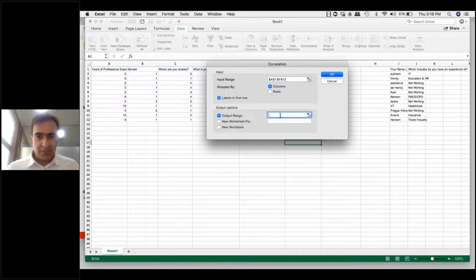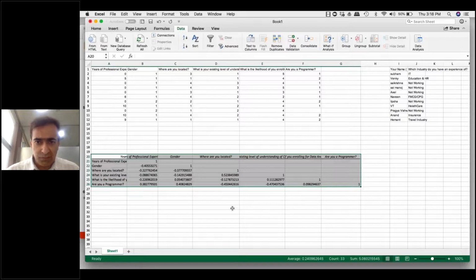So what we have done is we have taken all the data, worked on the data, changed it, reformatted it so that we can use it in a particular analytics tool. And now we have come up with a correlation matrix which is available in front of us. So those of you who remember your statistics classes, correlation between 2 entities tells you how the 2 entities are related to each other.